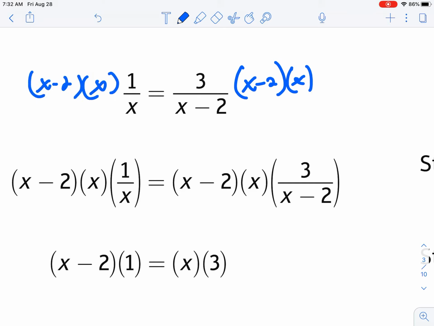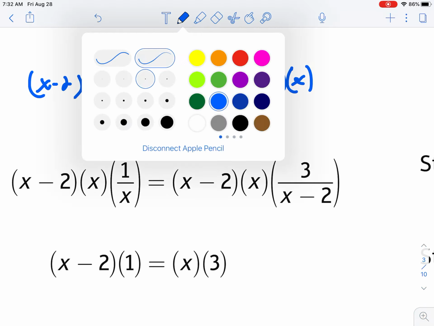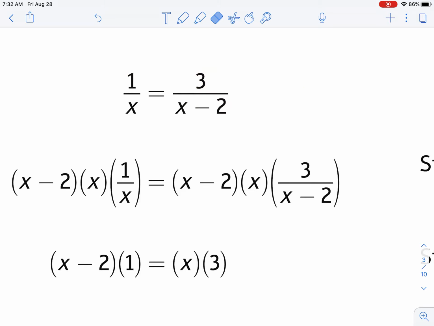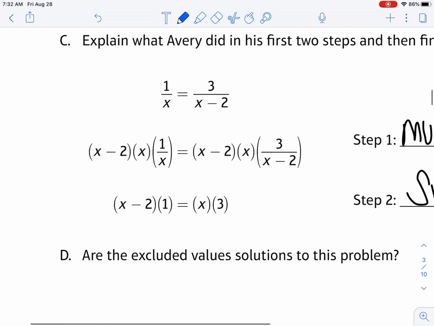Okay, and obviously the same denominators will cancel out, and then just multiply through the rest. So it's not very difficult once you get better at it, but I would definitely consider using the cross product.